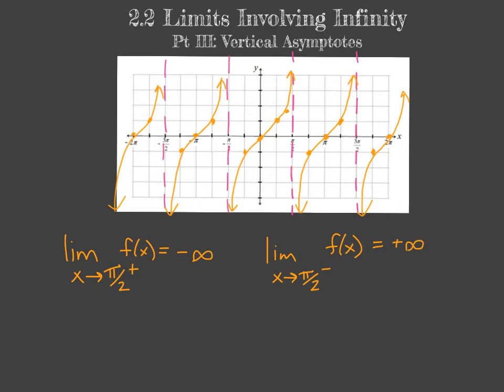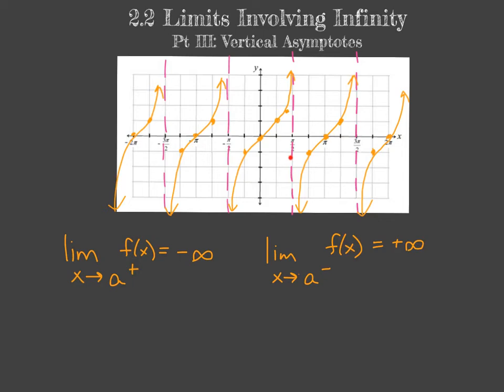Now, because pi over 2 is not the only vertical asymptote, there are infinitely many, and this goes on, we can say a pattern. So instead of writing pi over 2 every single time, I'm going to just call this A. And let's think about what A is, because this happens every single time. How can we define A?